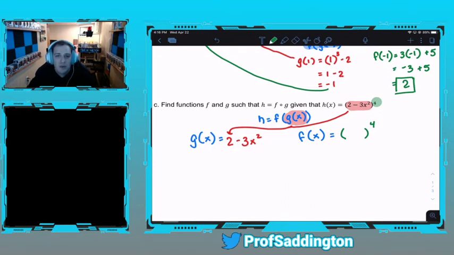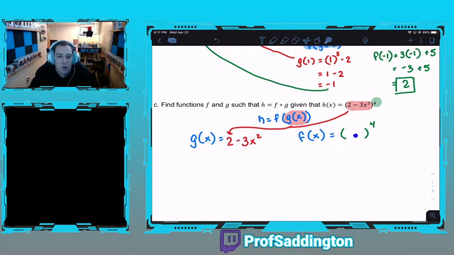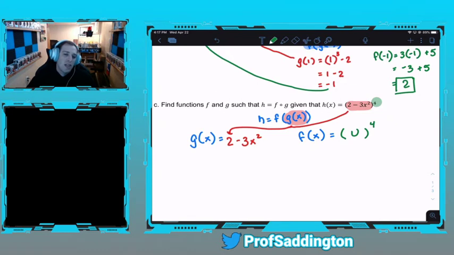But we call it U substitution because we already pulled the 2 minus 3x squared to g of x. It was on the inside, so we pulled it and brought it over to this g of x. So we don't have anything left on the inside anymore. So in math, we just use the letter U. We're saying U is being substituted in for 2 minus 3x squared.